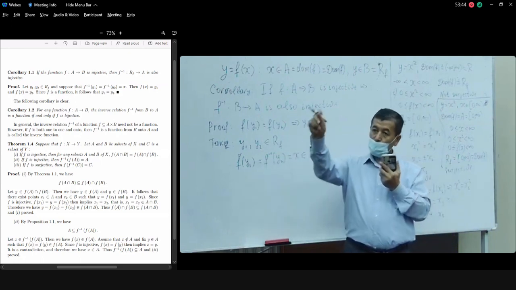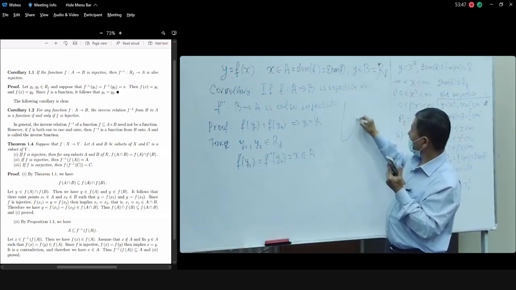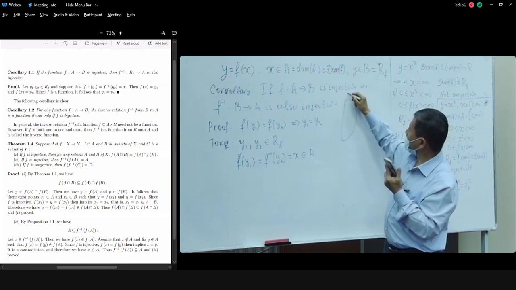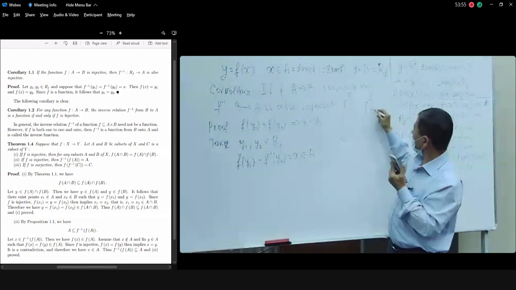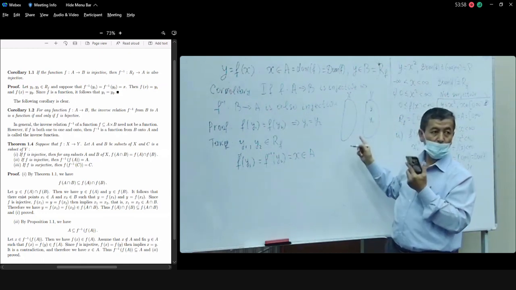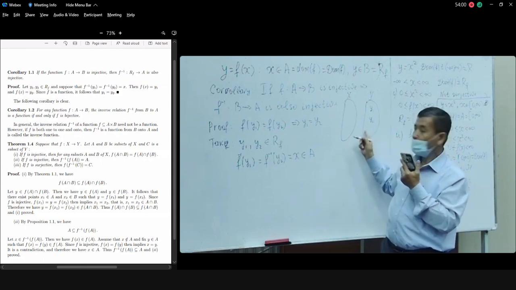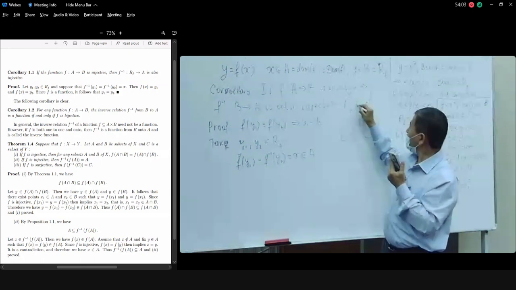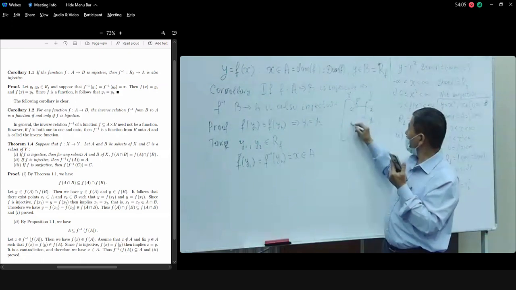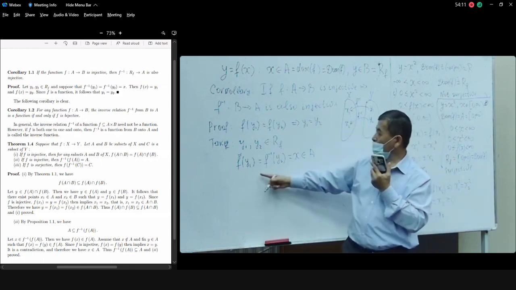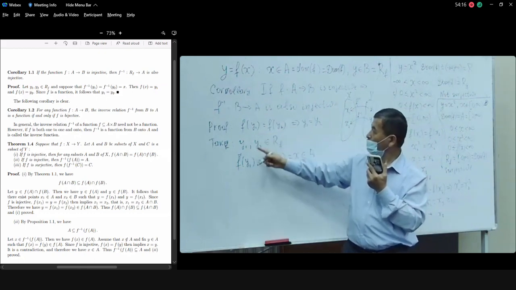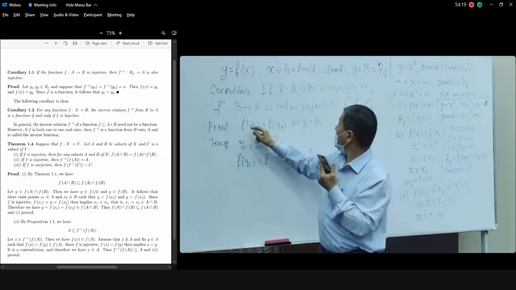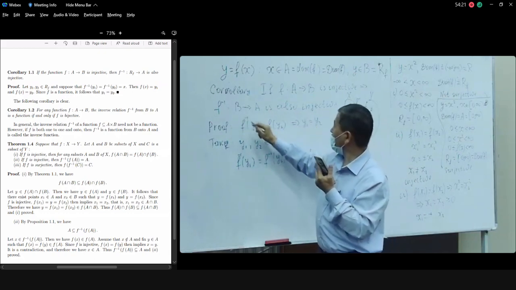You see, y1 is an element of the range of f. This is an x, this is a y. So y1, y2 belong to y. When we act with f minus 1, we will get an element of x. So for the injectivity, I should do it like this.